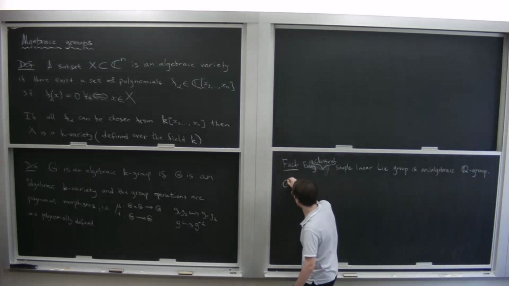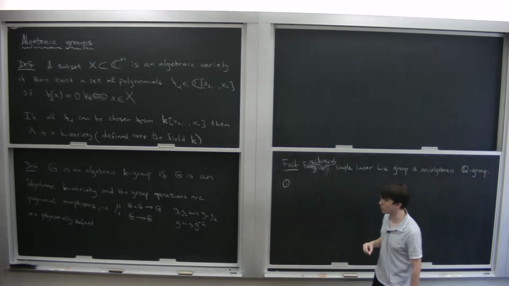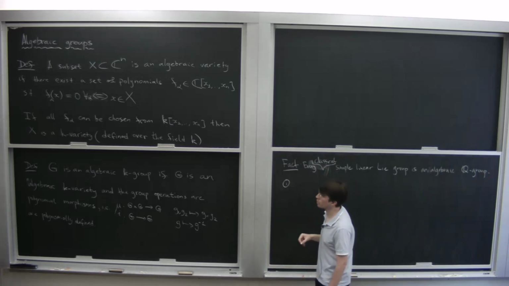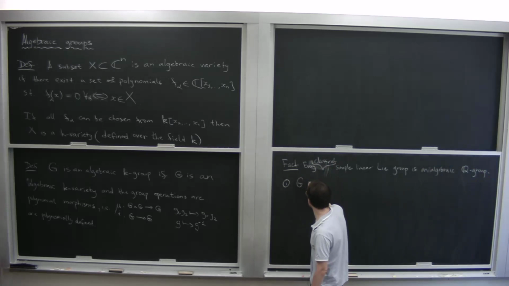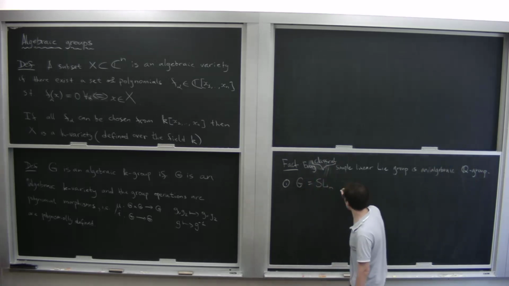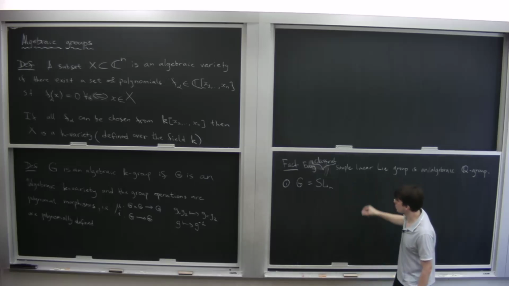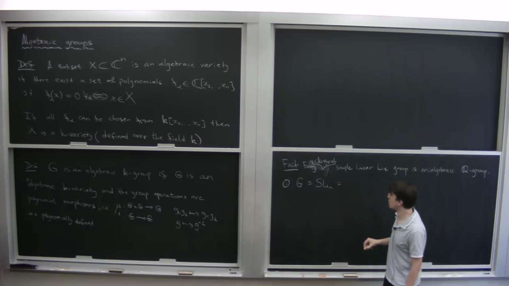Let us start with probably the simplest one, which is actually not GL_n, but SL_n. So SL_n is the set of matrices.